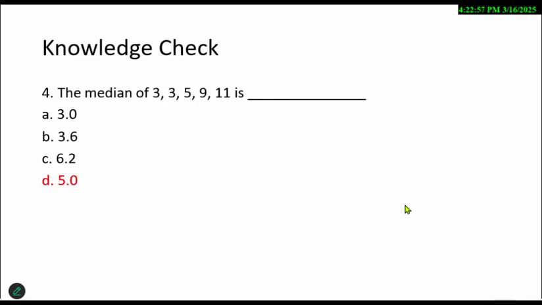And it is 5. A lot of people get confused when they start putting decimals, but the numbers at the top don't have a decimal. Just a subtle thing you might run into. The mode, most frequent number, 3, 3, 5, 9, 11. Your answers are 3, 3.6, 6.2, 5. It is 3, or A.